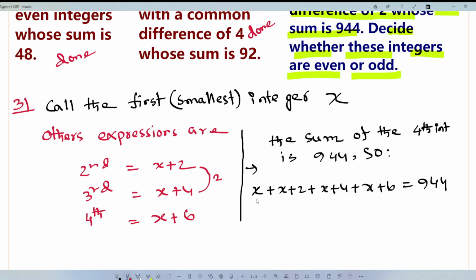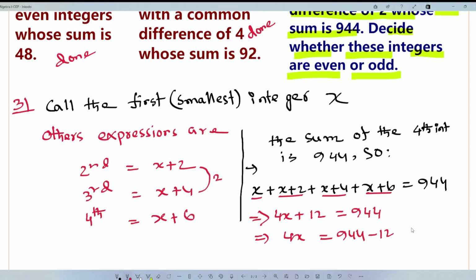So here we have 4 x's, 1, 2, 3, 4. So we can write 4x plus 2, 4, 6, it means 12, equals 944. So 4x equals 944 minus 12, it will become 932.